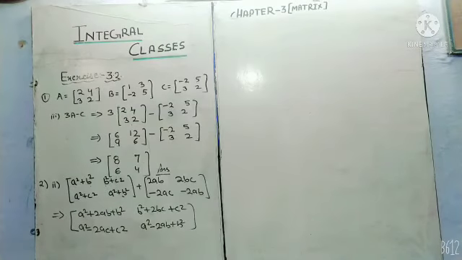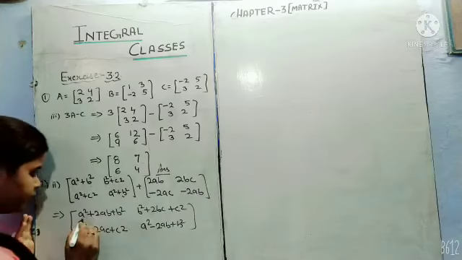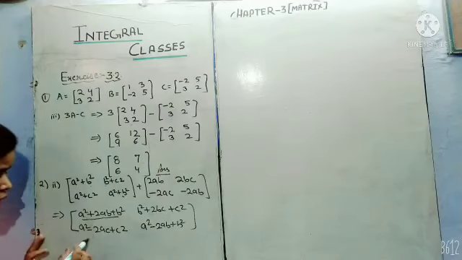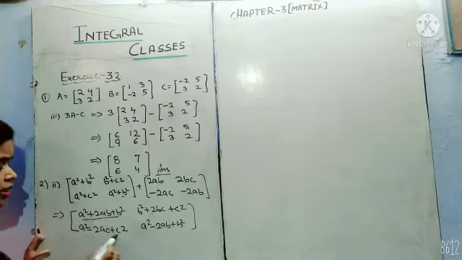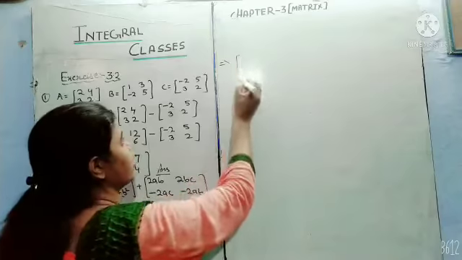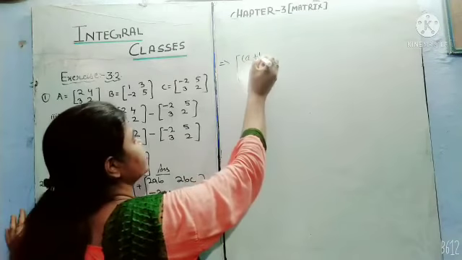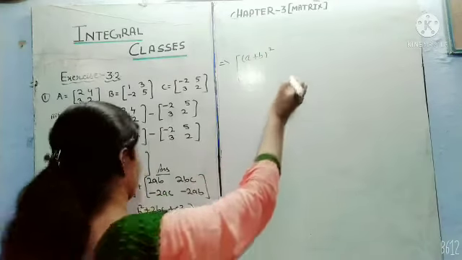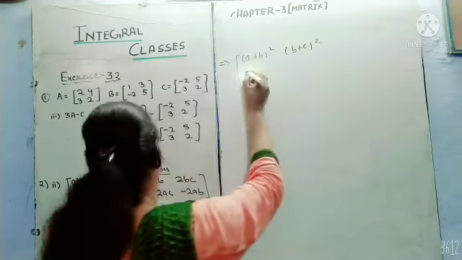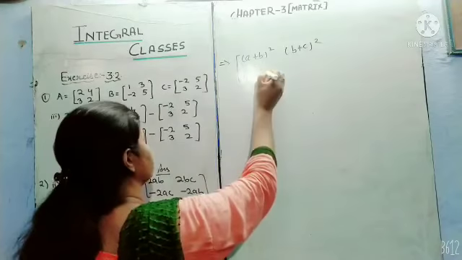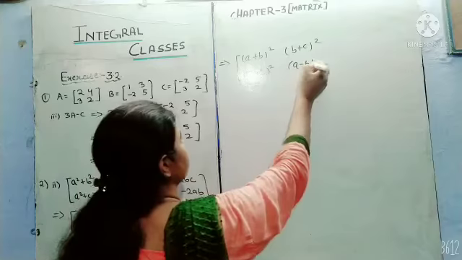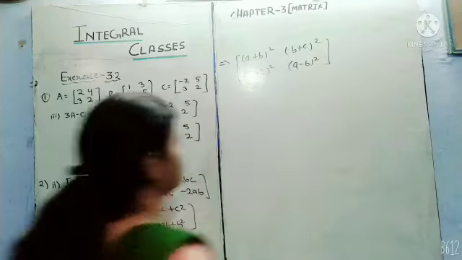Now student, as we observe here, it will become the algebraic identity (A plus B) whole square, and this one is (A minus B) whole square. So we should write here (A plus B) whole square and (B plus C) whole square, (A minus C) whole square and (A minus B) whole square. So it is the answer.